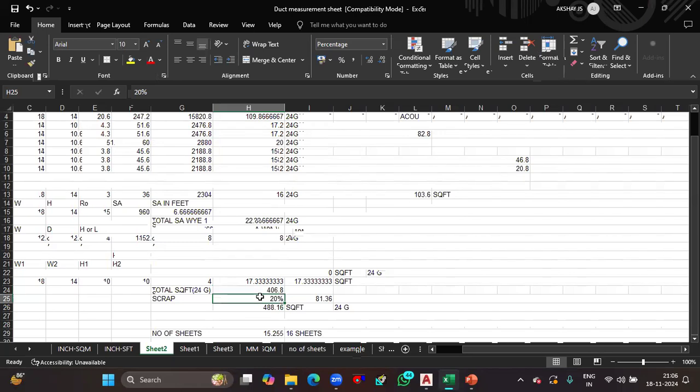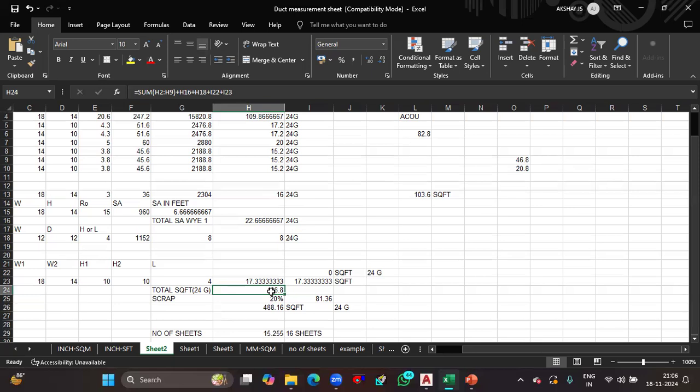Okay. So here you need to find out the scrap value from this specific total square feet itself. Once again, guys, which I told you right now itself. If you got 22 gauge, 20 gauge, 18 gauge, 24 gauge, you need to find out the whole values differently, and for them also, you need to provide this scrap factor. Okay. So later, I got the value around like 81.